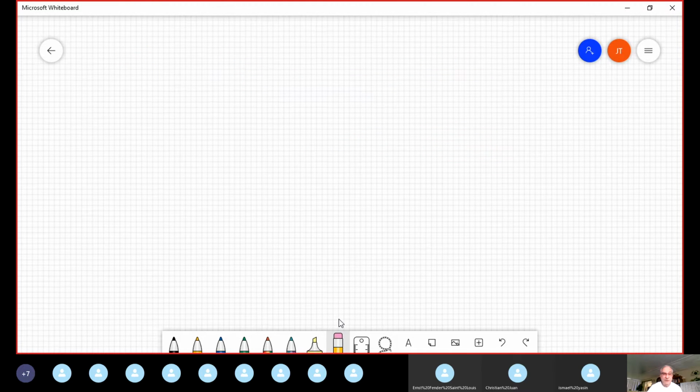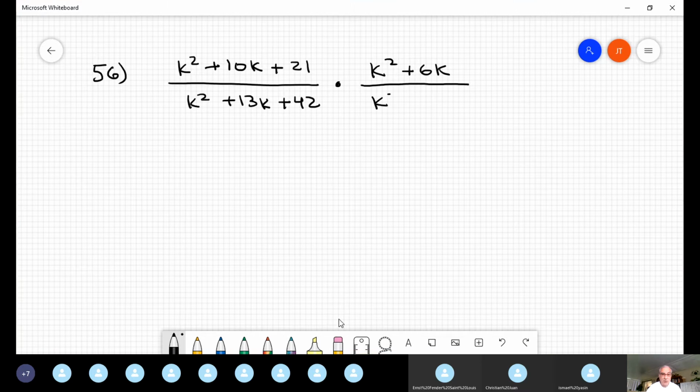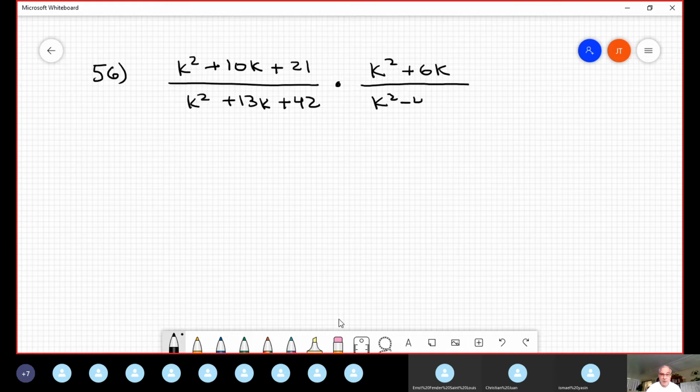Okay, let's move on to number 56. Now, in 56, we have k squared plus 10k plus 21, divided by k squared plus 13k plus 42, times another fraction: k squared plus 6k, over k squared minus 4k minus 21.